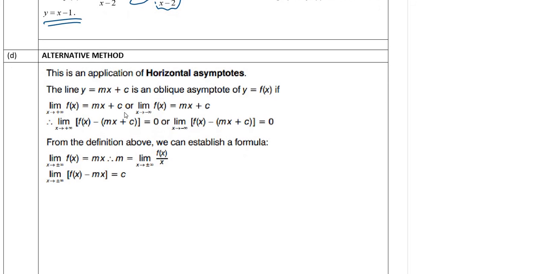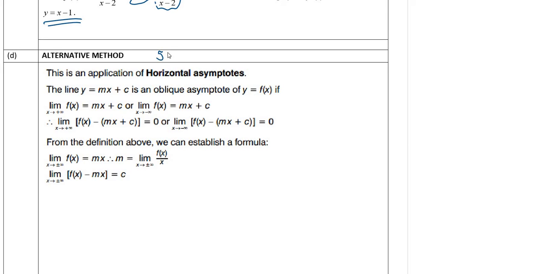So is there a way that we can determine the gradient and maybe the y-intercept, because that is the m and the c, and then find the slant asymptote? This is not the horizontal asymptote, it's the slant asymptote. You must just correct this for me, please. This should be the slant asymptote.